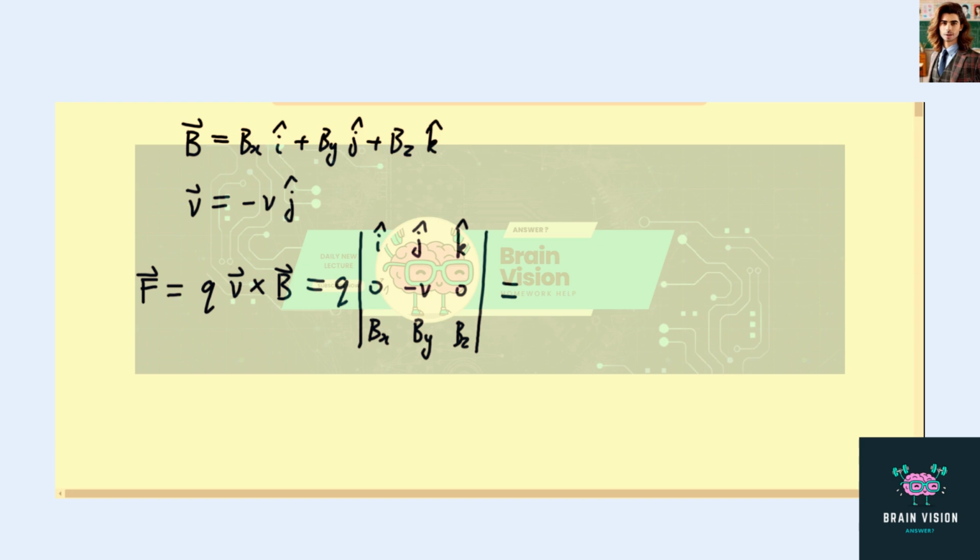So it turns out that F equals negative q v Bz times i plus q v Bx k.